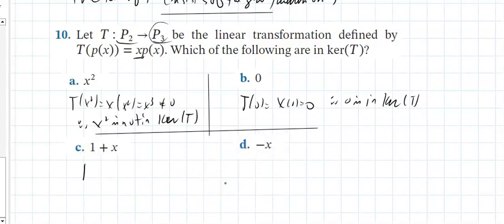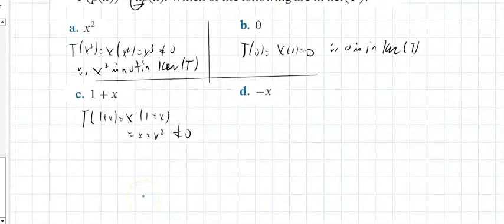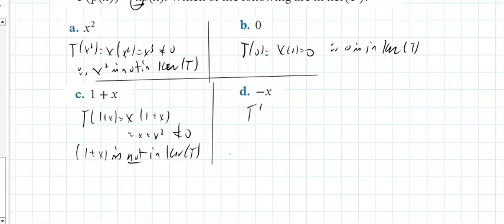How about here? If I apply the transformation on 1 plus x, that will be x times that, which is x plus x squared, which doesn't equal 0. So 1 plus x is not in the kernel of T. And of course, T applied on negative x is x times negative x.